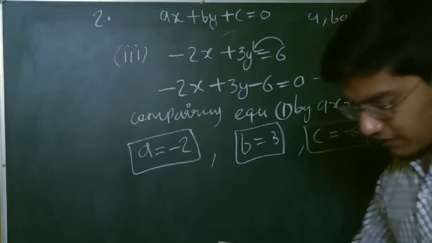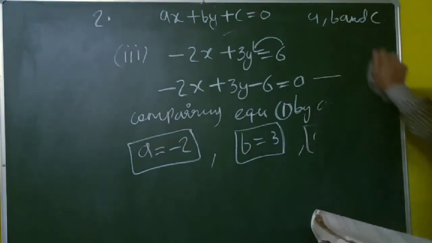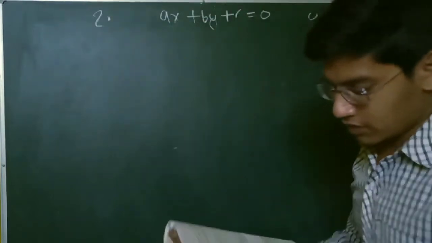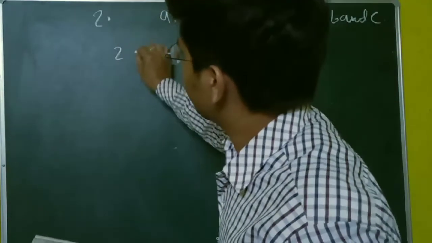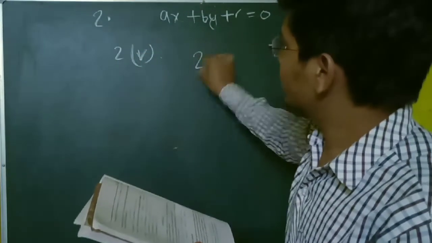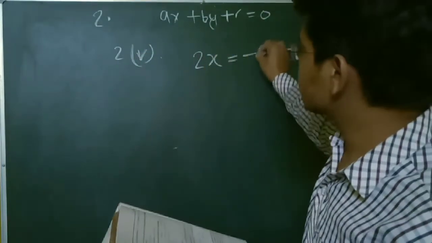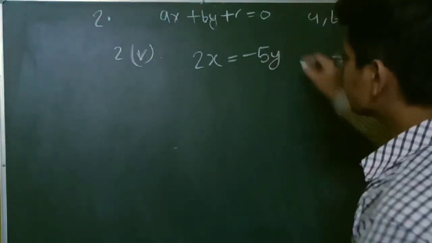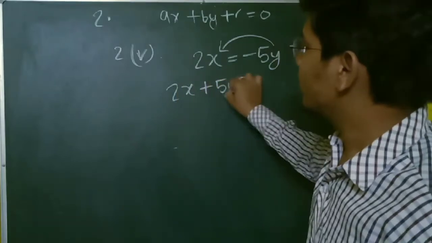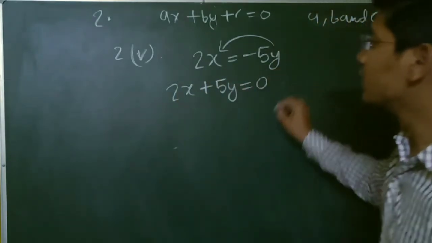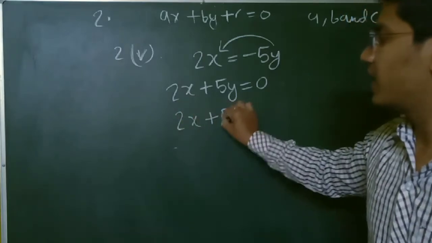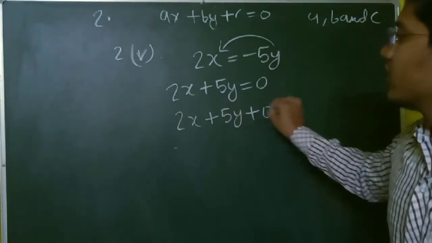Now question number 5th. In question number 5th, it is given 2x equals minus 5y. Now we will transpose this 5y here, so it will become 2x plus 5y equals 0. Now we can write it as 2x plus 5y plus 0 equals 0.